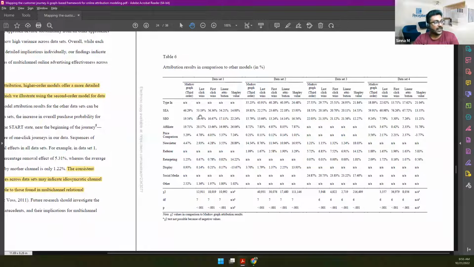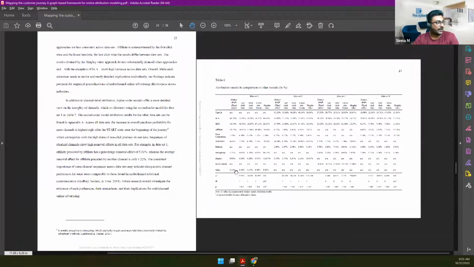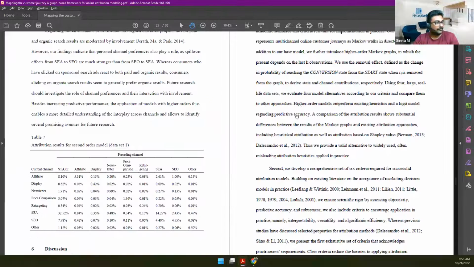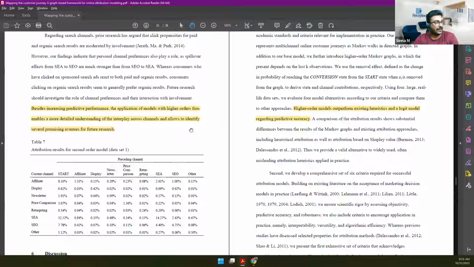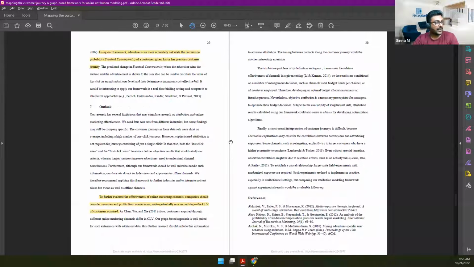But one common thing that you can actually notice is that the first 2 or 3 steps gets the most attribution compared to the remaining ones, right? So the higher order models outperform existing heuristics and logit model regarding predictive accuracy. That's the conclusion. Yep, so that's pretty much what it is.